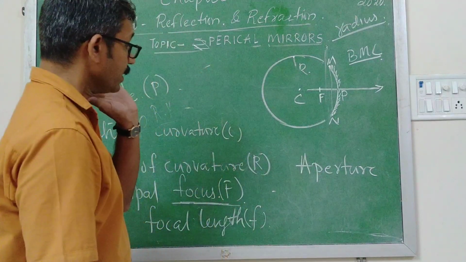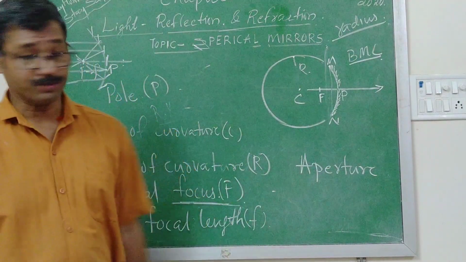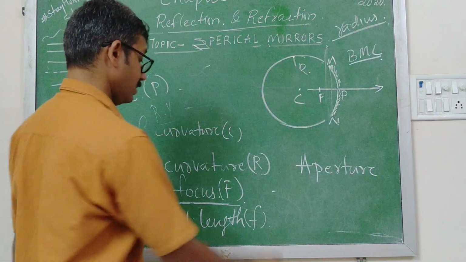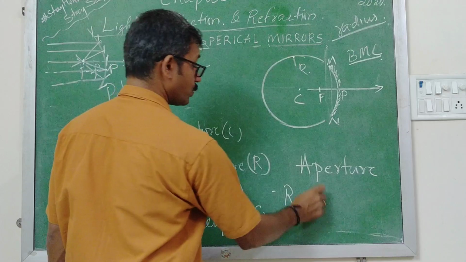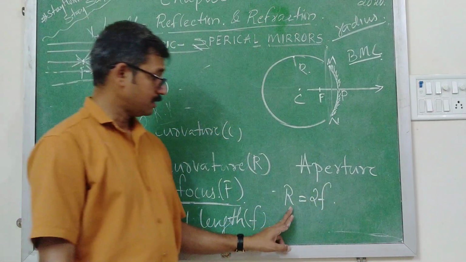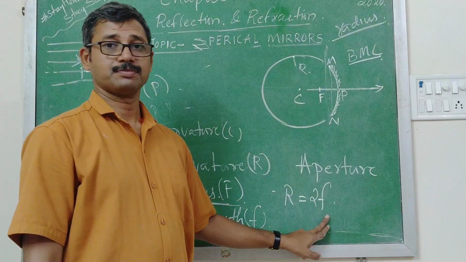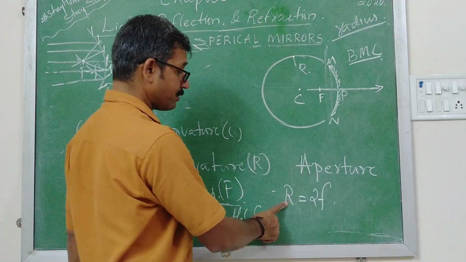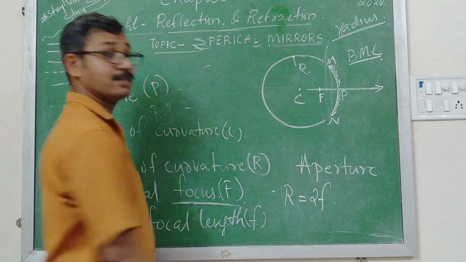Now here, the radius of curvature. This radius of curvature R is twice the focal length. R is equal to 2f. So the radius of curvature R is equal to twice the focal length.